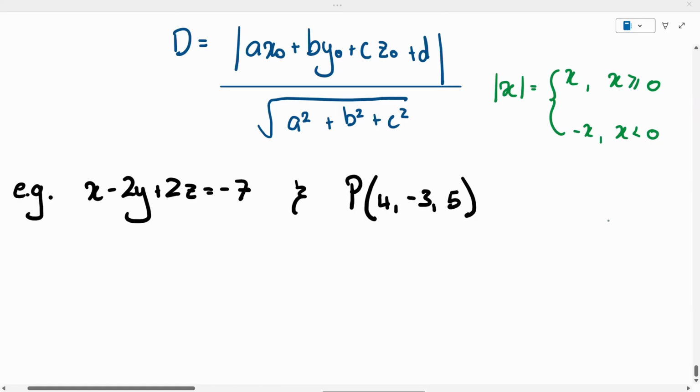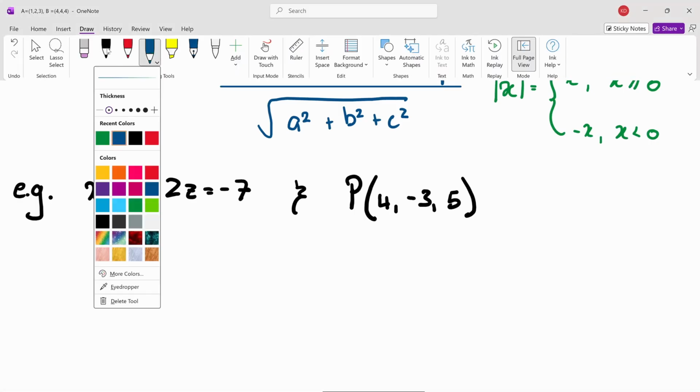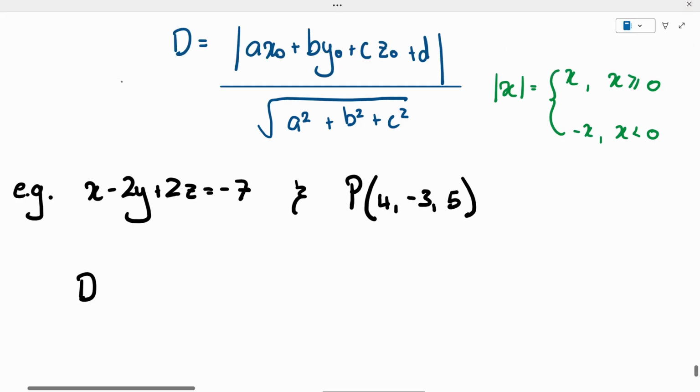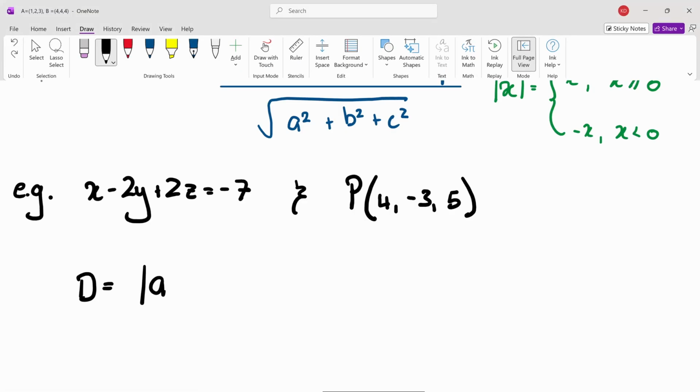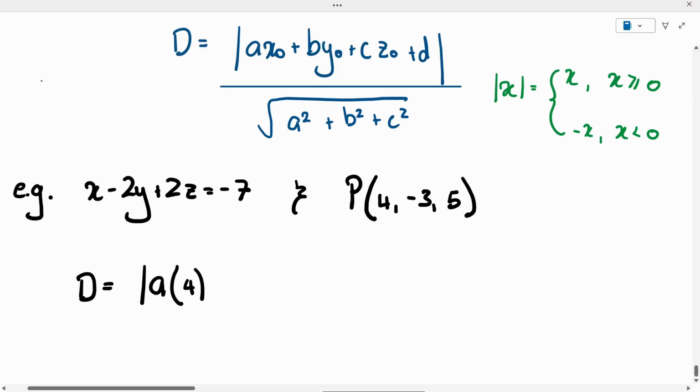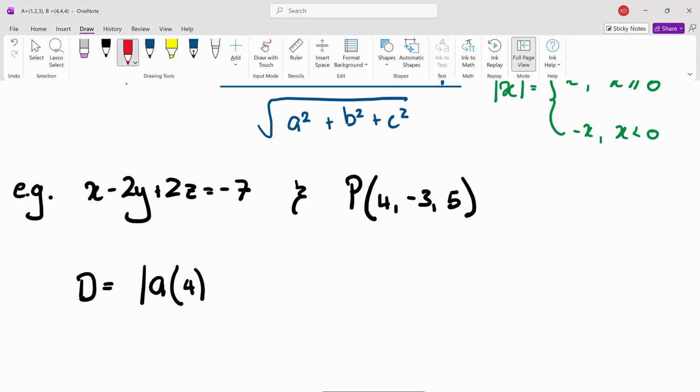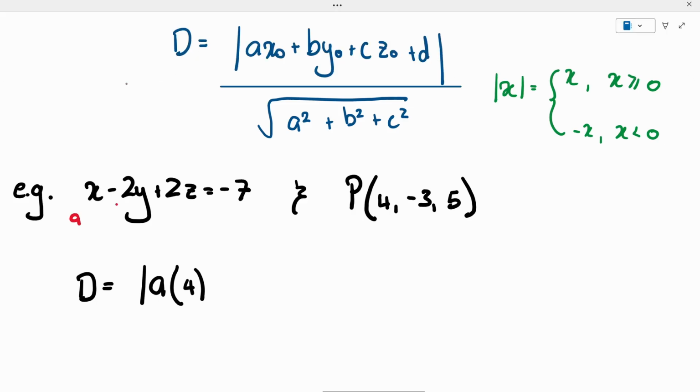Right, so what is the distance? D is equal to the absolute value of a x0. What is x0? x0 is 4. Because of course we have a, b, c here, this is d, and this is x0, y0, z0.